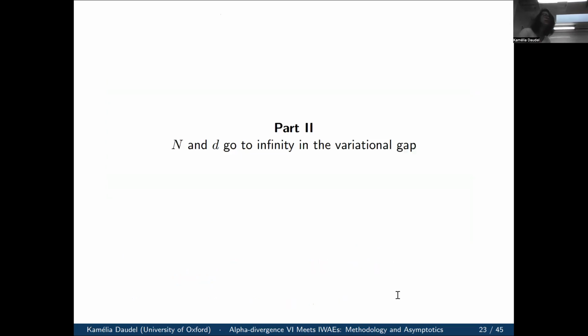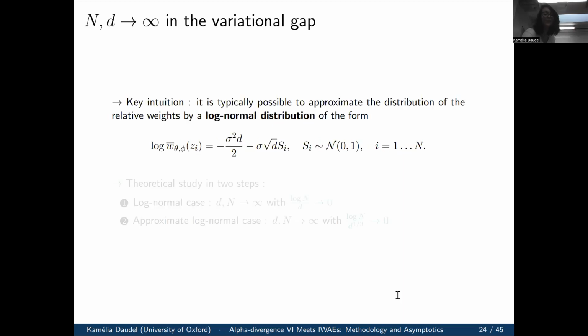All right, all clear so far? Yes. So there's more theory coming, so you need to brace yourself. Okay, so let us have n and d go to infinity in the variational gap. The intuition we had in the paper is that it's reasonable to assume that the distribution of the relative weights will have a log normal distribution of the form that we've seen before.